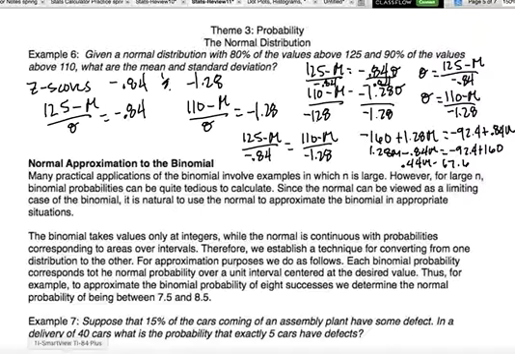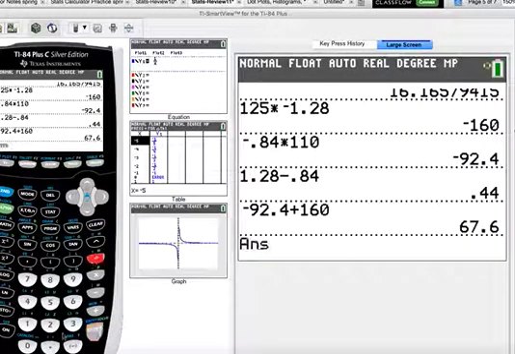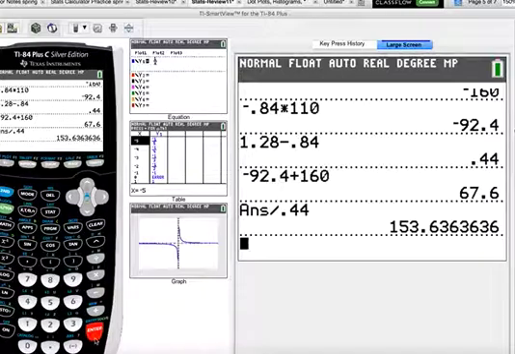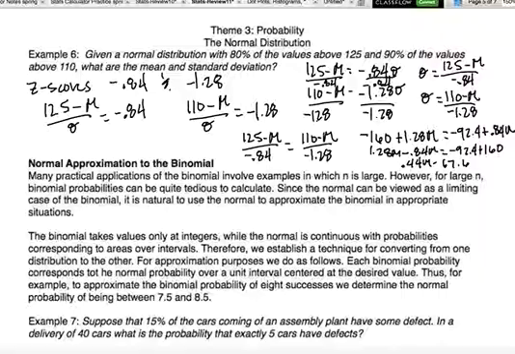And then divide that by the 0.44. And whenever you do that, you get a mean of 153.64.